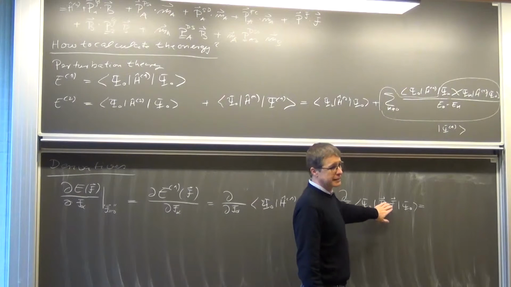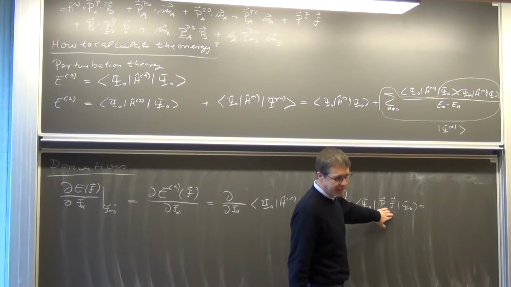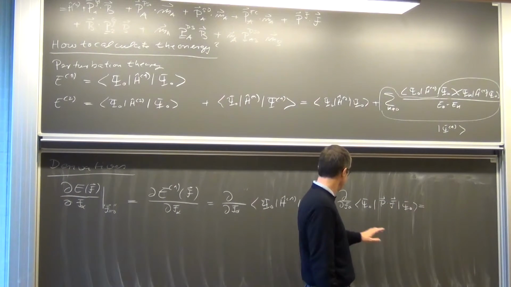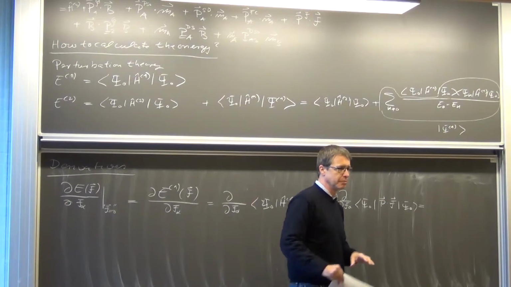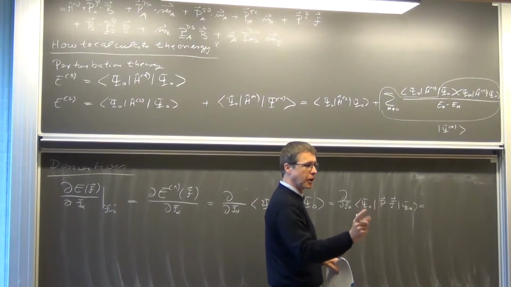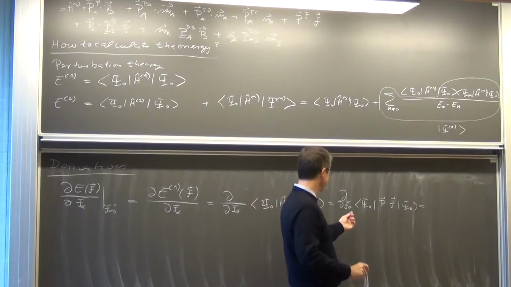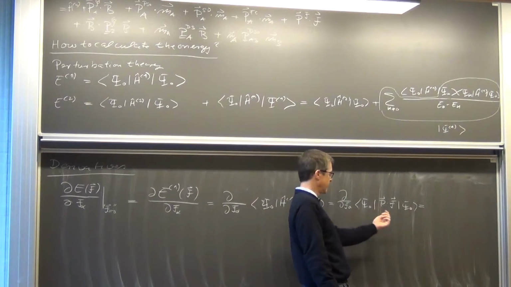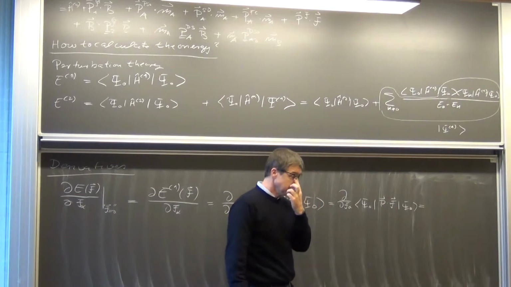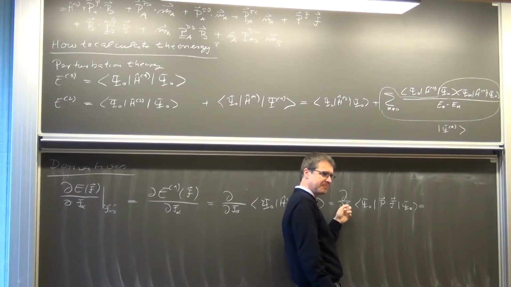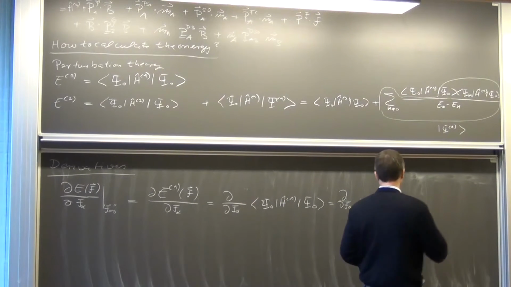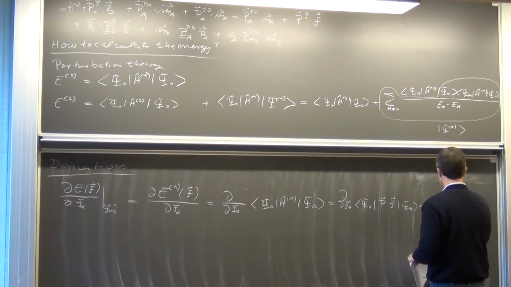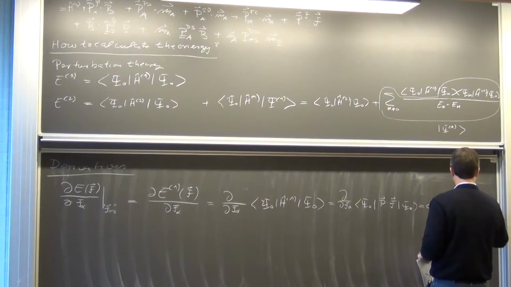So it's px times fx, py times fy plus pz times fz, and I take the derivative with one of the components. The other two terms disappear because they don't depend on it. If that's the x component of the field, the terms which have the y and the z component obviously don't depend on the x component. So the only thing which I get out is psi 0, p alpha, psi 0.